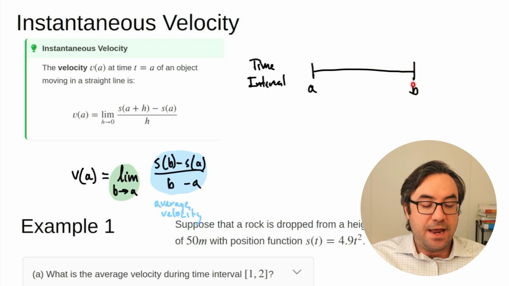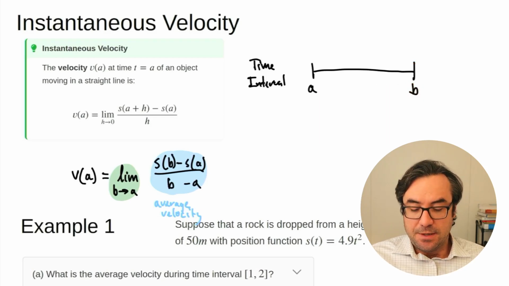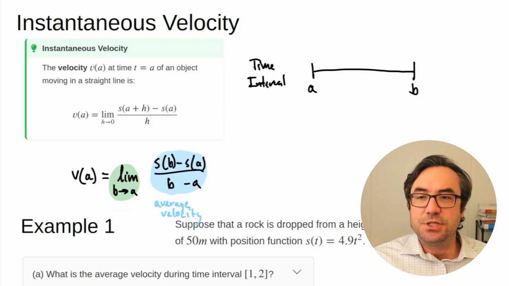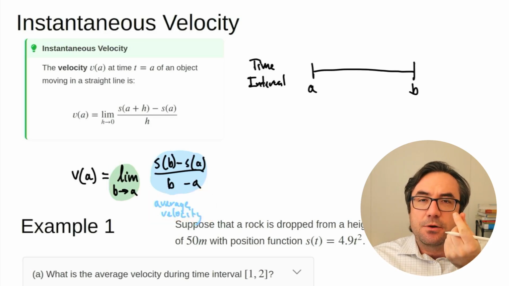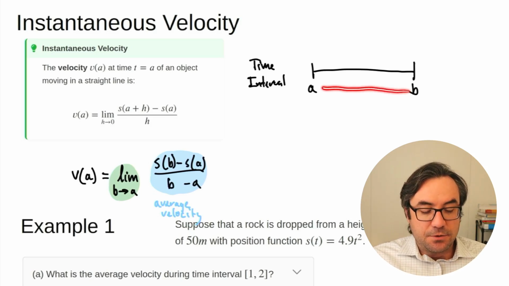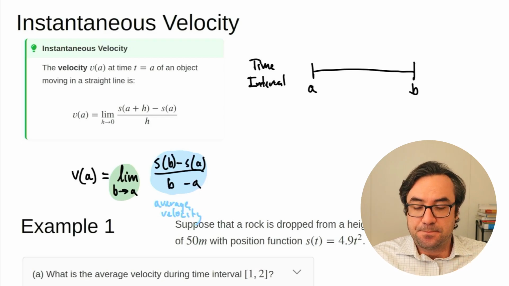We're going to move that ending time closer and closer to the start time. As we calculate this limit as b approaches a, we're going to be getting the average velocity over a smaller and smaller time interval, so that once b is really close to a, we're going to have the instantaneous velocity at that specific time t equals a.